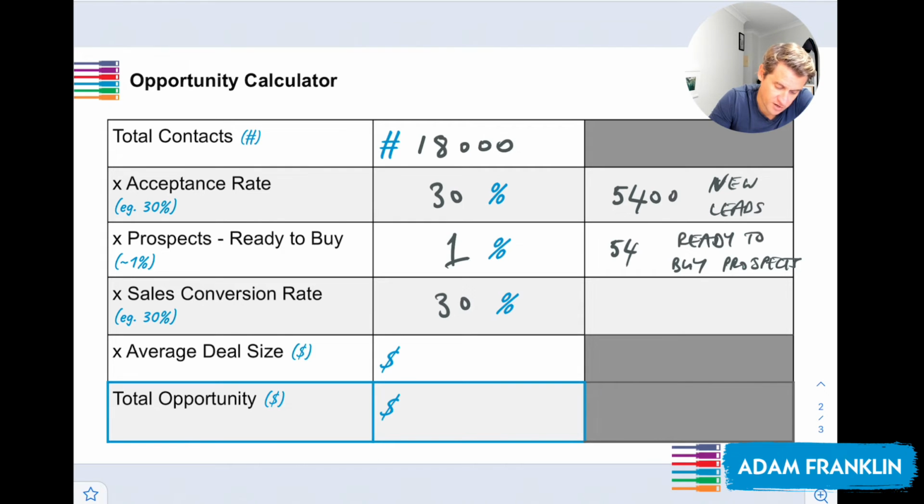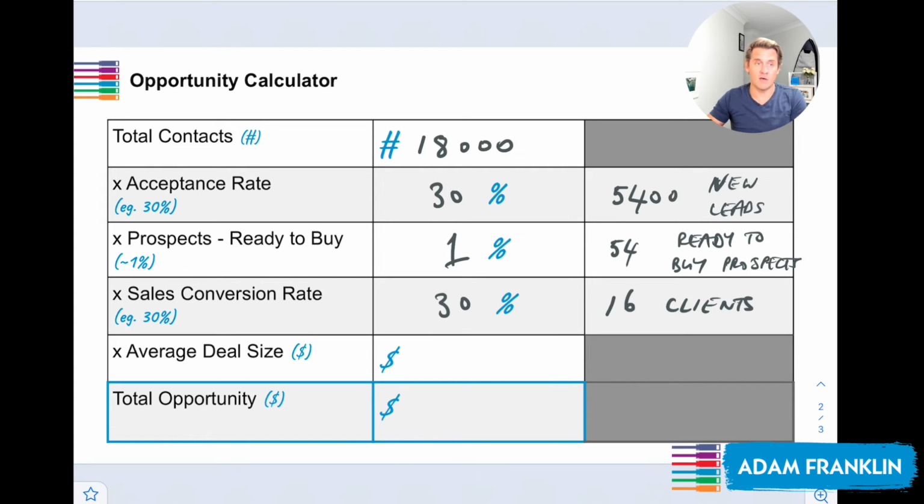Then that would mean 30% of 54 is about 16 clients. So if you had a seat at the table for these 54 people who are ready to buy, then you would close 16 of those people typically.